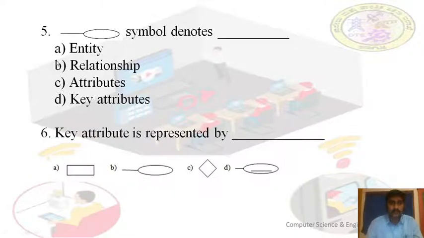Next question: the oval symbol denotes a dash: entity, relationship, attributes, key attributes. Next question: a key attribute is represented by a dash: rectangle box, oval, diamond shape, or the fourth one, oval with underline.